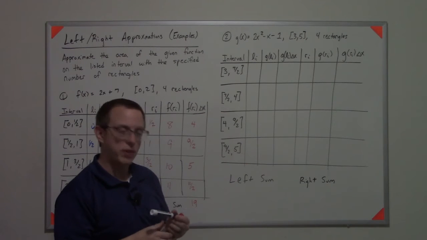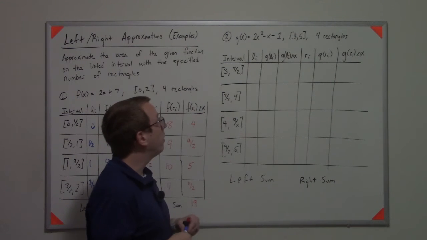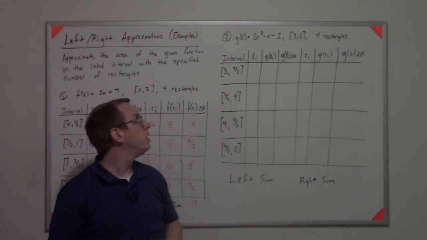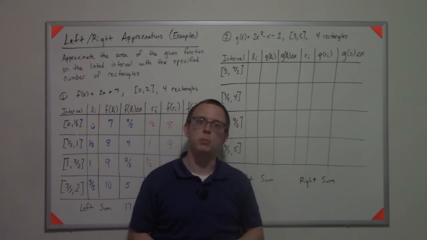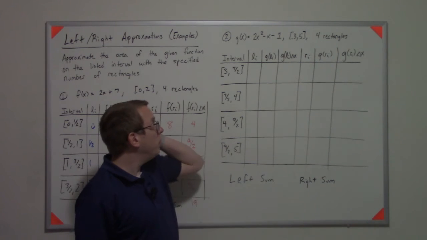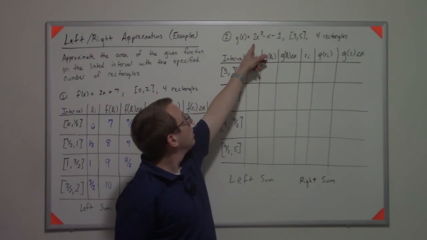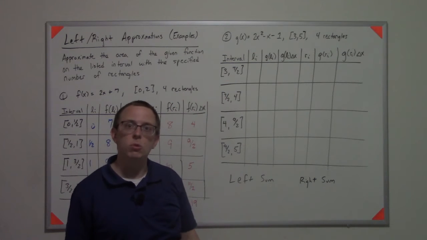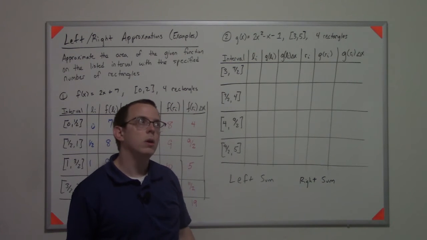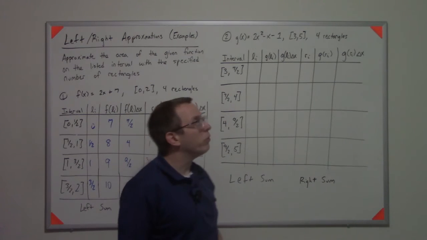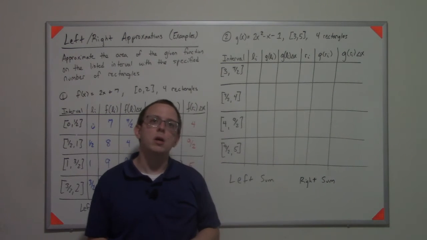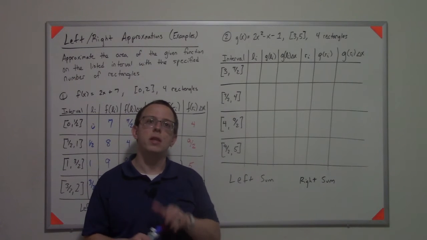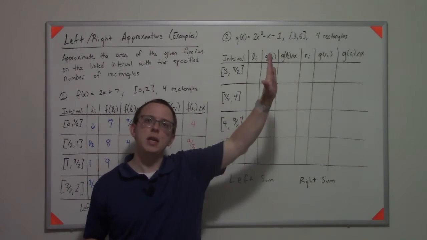So we're going to pick our left-hand interval. In this case, I didn't point this out, but this g of x function is a parabola that opens up, and the minimum of this parabola is where the derivative 4x minus 1 is zero, so at x equals 1/4. Everything after 1/4 is increasing.